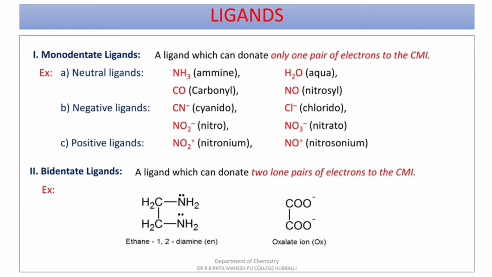Both the lone pair of electrons are transferred to single metal, hence it comes under bidentate ligand and it is a neutral bidentate ligand. Next one is oxalate ion, representation ox, COO-, COO-. The negative charge is going to act as a lone pair of electron and such two negative charges are there. Both are transferred to single metal, hence it is anionic bidentate ligand.